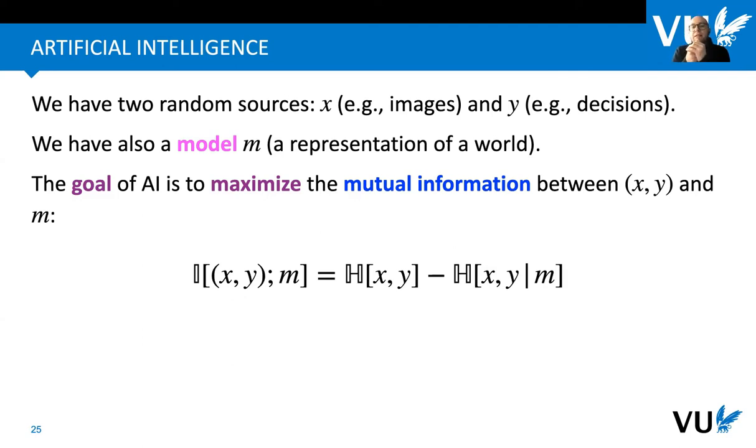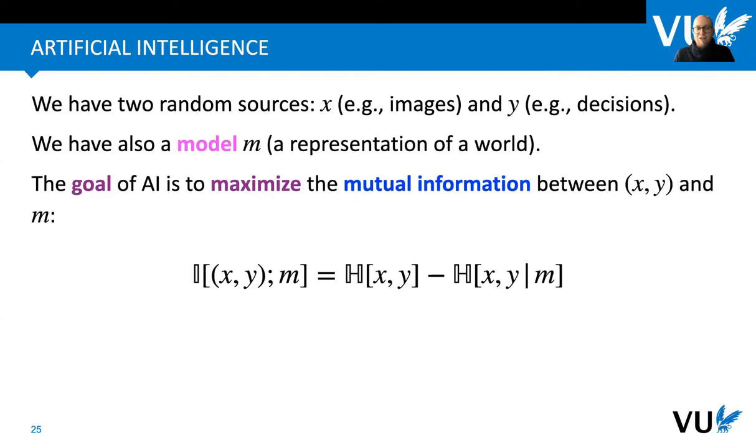If my model is capable of containing as much as possible about the world, then it achieves its goal. Namely, it knows everything about the world. It's a little bit like a scholar or some professor, or PhD students. We want to learn as much as possible about a given subject so that our uncertainty drops.